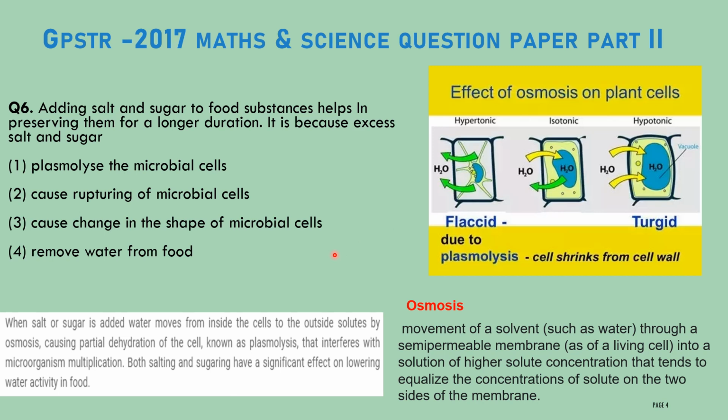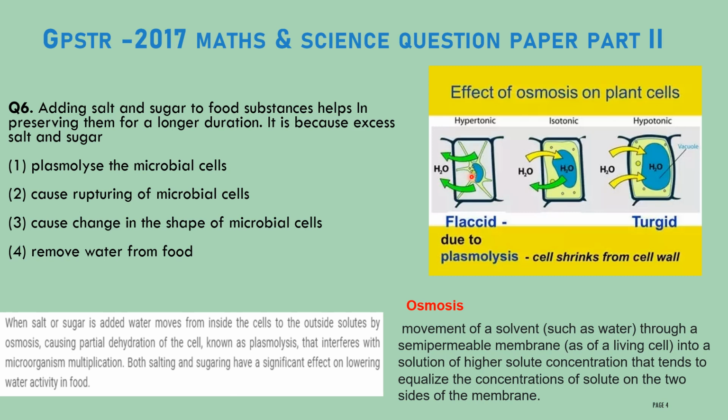Coming to this case, adding salt and sugar to a food substance helps in preserving it for a longer duration. What happened in this case? This is the case of a hypertonic solution. If you add excess salt and sugar to a particular food, then the concentration of the solute in the cell will increase.